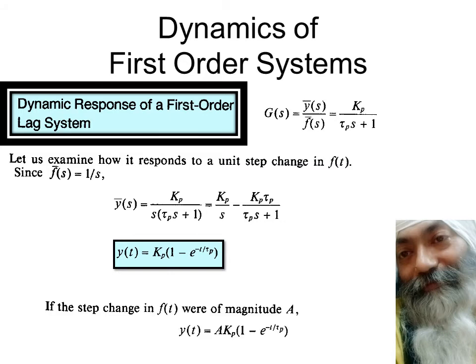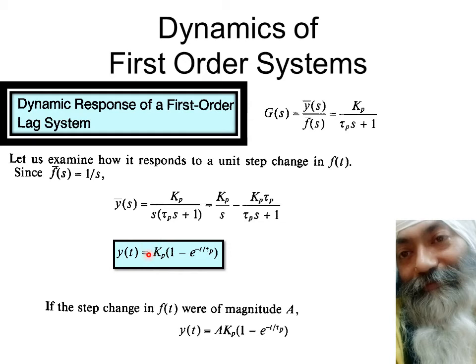Now, instead of taking the forcing function as 1 upon s, if I take it as A upon s, where A is the magnitude, then the same A will come over here, and the same A will come here.